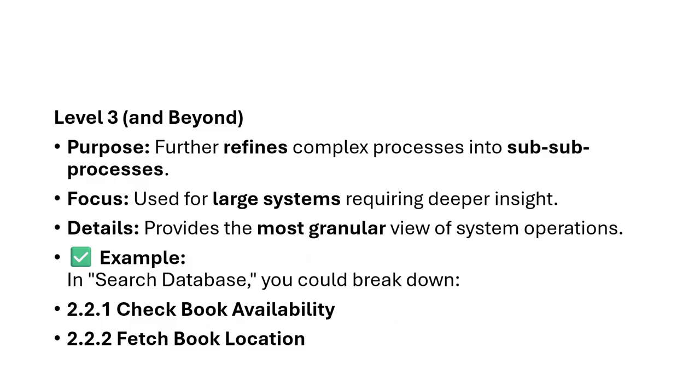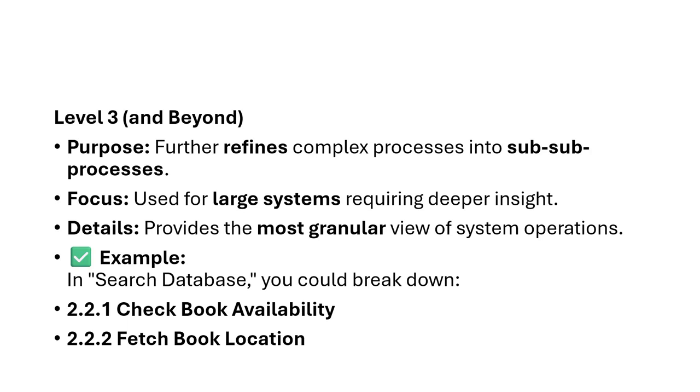Then we have level 3 and beyond that further refines the complex processes into sub-processes, and it is mainly used for large systems requiring deeper insights. It provides the most granular view of the system operations. An example for level 3 DFD may be that the search database can be broken down into check book availability, that is, how many copies of that particular book are available in the database.